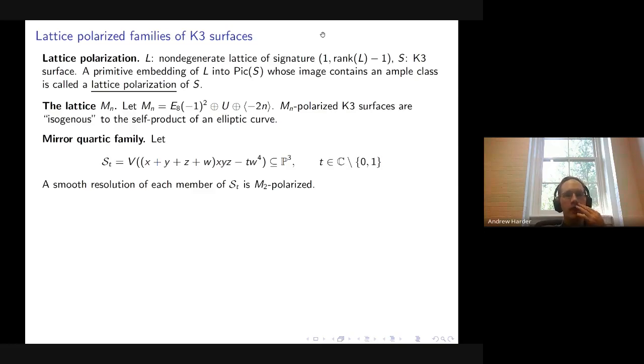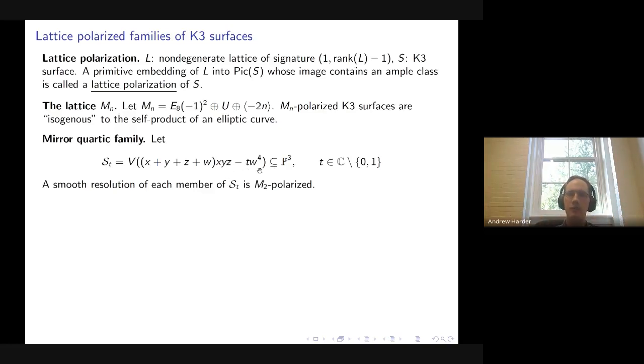For an example of a family of M_n polarized K3 surfaces, we can just take the Dwork quartic family. This is determined by the vanishing locus of this polynomial here. Generally speaking, a member of this family is going to be very singular. You can sort of see that even from this equation.